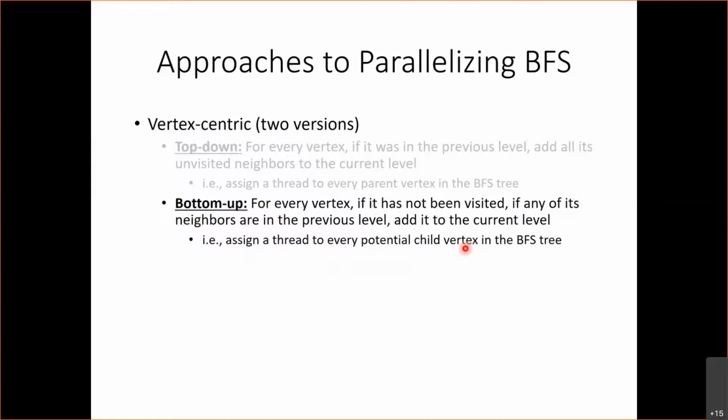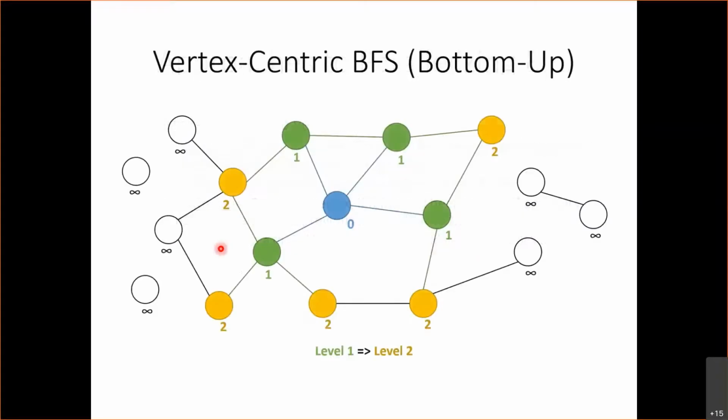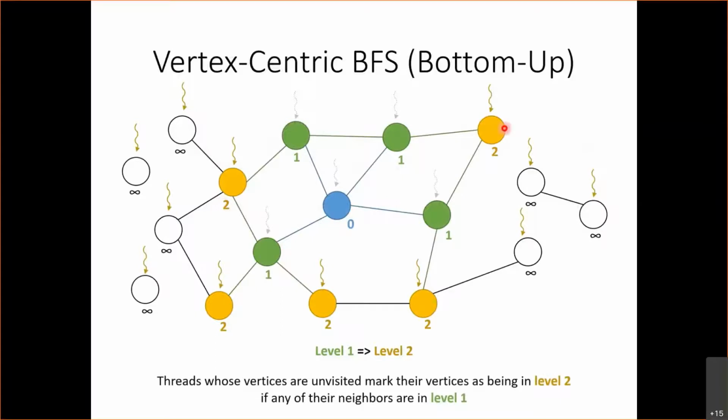So we're kind of at the bottom looking up at the previous level, and this is why we call this a bottom-up approach. Let me illustrate what I mean by this. In the bottom-up approach, I'm going to assign a thread to every vertex, but the threads that are going to work are the threads assigned to vertices that have not been visited yet, as opposed to the vertices that are in the previous level.